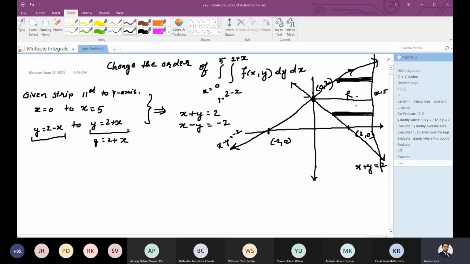So we'll have to divide the region in two parts, R1 and R2. So consider the strip parallel to x-axis.